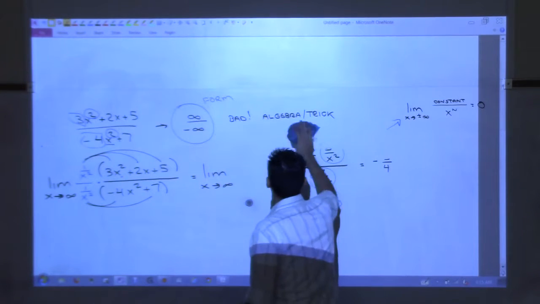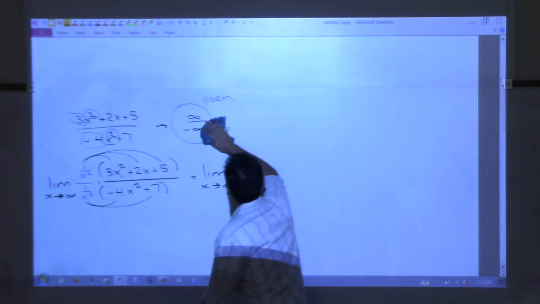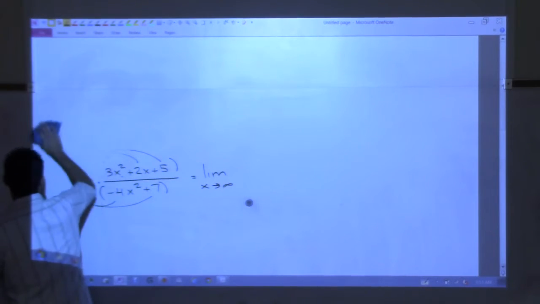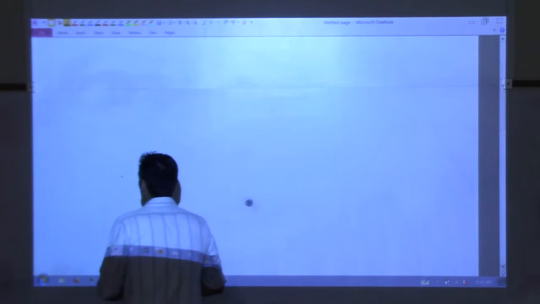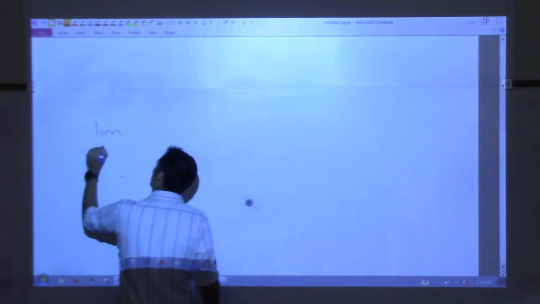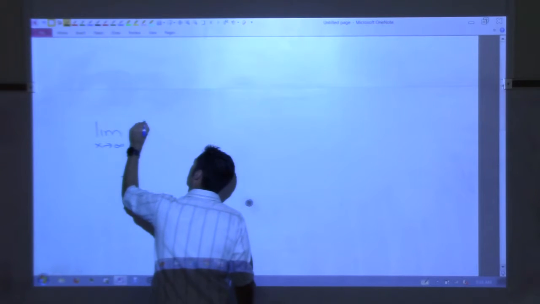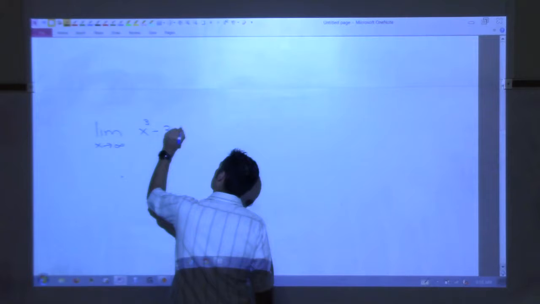I want to touch on something we did last class, where I said, oh wait, no, let's change that to a plus because I wanted to not confuse you, but let's just take a look at this. I'm going a little bit out of order here, but let's try it. What is the limit as x goes to infinity of x cubed minus 3x to the fourth?